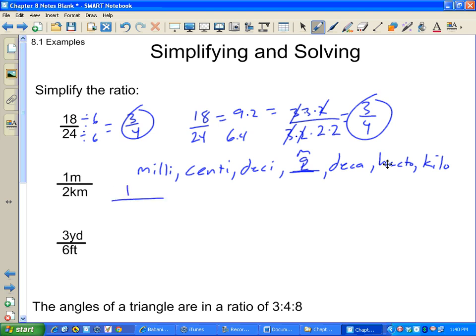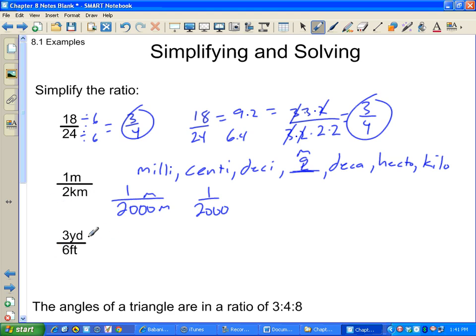So 2 kilometers would be 2,000 meters. So really the ratio of 1 meter to 2 kilometers is a 1 to 2,000 ratio, which means it takes 2,000 of these to make one of these. Okay, 1,000 meters to make 1 kilometer, so 2,000 meters to make a 2-kilometer distance.